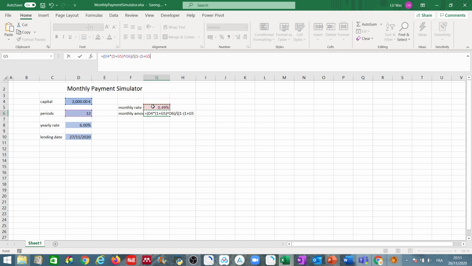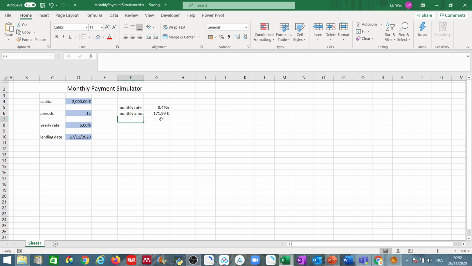You refer to this cell, interest rate here, and the power of n, the period. This is the numerator, and the denominator here is 1 minus 1 plus interest rate here, and we close the bracket here, and the bracket here.